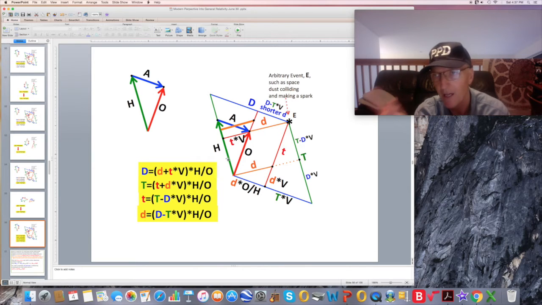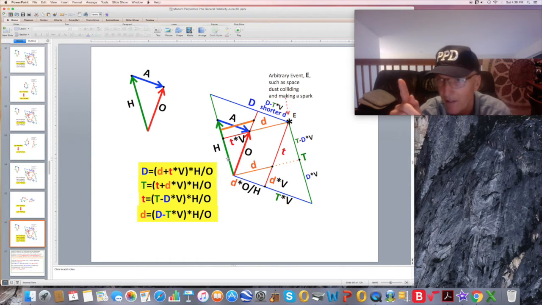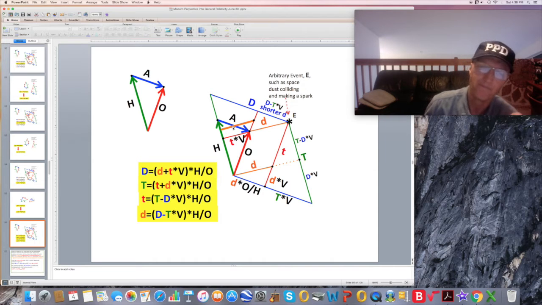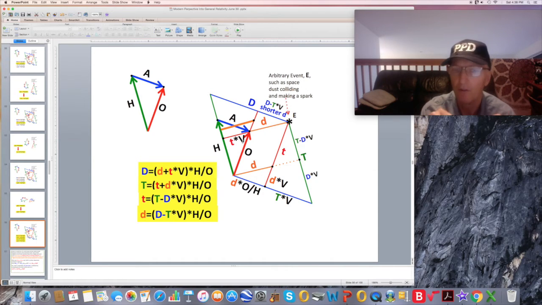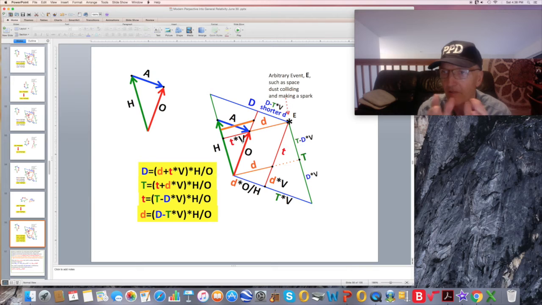And on the primed coordinates, they put that little tick on the top. And those will show up in most accounts of the Lorentz transformations. That refers to what the green guy riding on the green arrow will see observing the guy riding on the red arrow in terms of time and space and all that sort of thing.